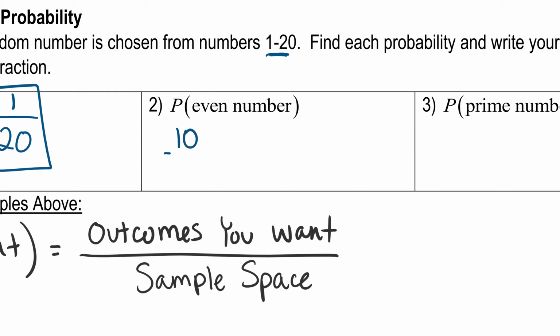So I have 10 even numbers between 1 and 20, and my sample space, the total possible outcomes for everything, is 20 numbers again. So 10 over 20, I can reduce this, and this would just be half. So the probability of getting an even number between 1 and 20 is half, because half are even, half are odd. That makes sense, right?